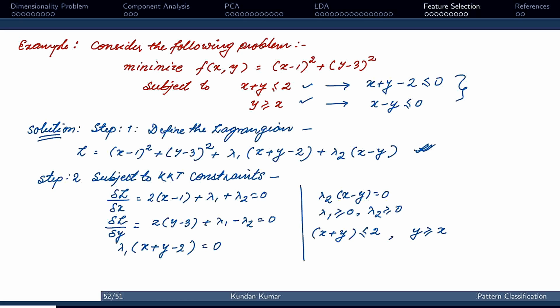So these are the KKT constraints. So we have to solve this Lagrangian problem subject to these KKT constraints.